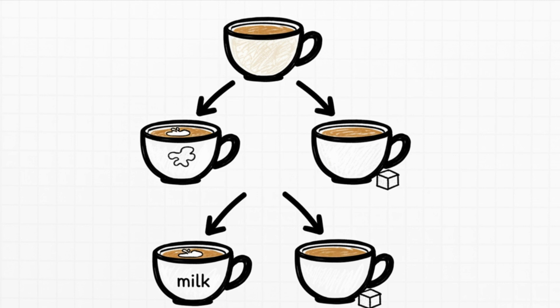You'd have your base espresso class, right? Then you make an espresso with milk class that inherits from it. Need a latte with sugar? That's a new class. An espresso with both milk and sugar? You guessed it, another new class. You can probably already see the storm clouds gathering on the horizon.